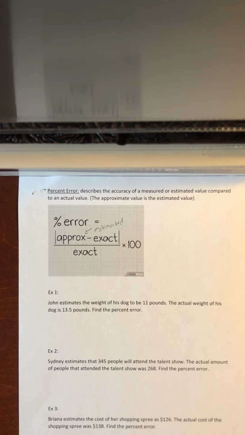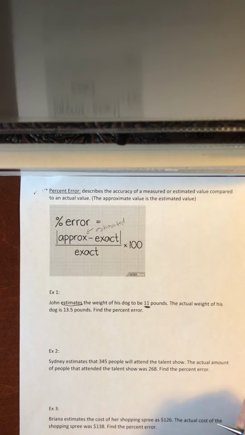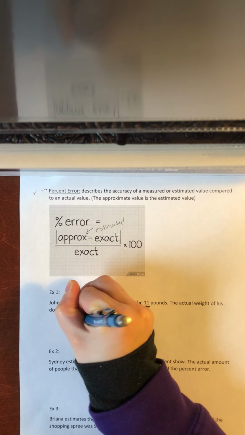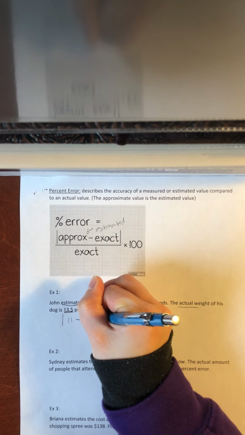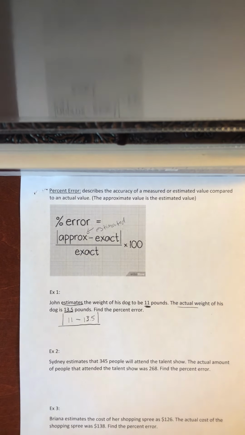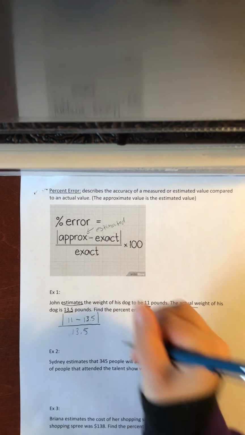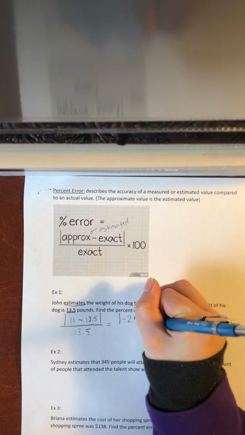Okay, so the first problem says John estimates the weight of his dog to be 11 pounds. The actual weight of his dog is 13.5 pounds. Find the percent error. So he estimates the weight to be 11, so that's the approximate value. So we're just going to plug into our formula. Approximate is 11 minus the exact, the actual weight is 13.5, divided by the exact, which is 13.5, equals 11 minus 13.5 is negative 2.5.